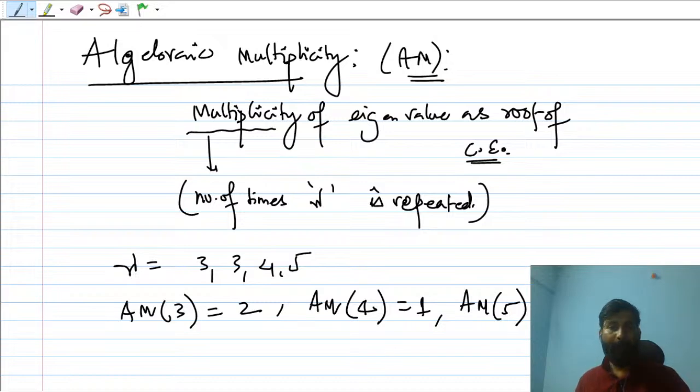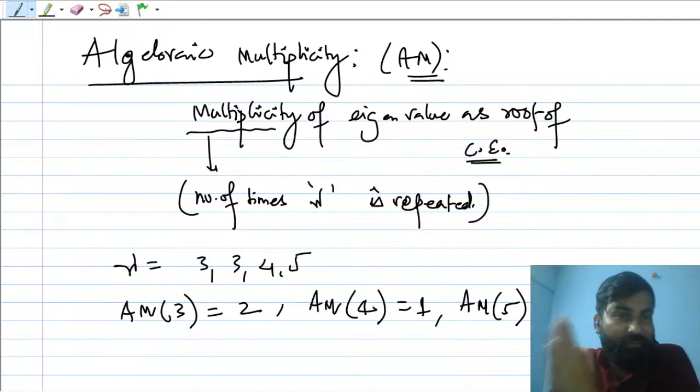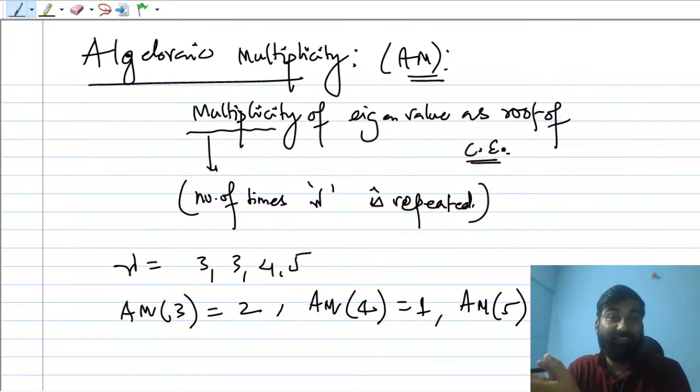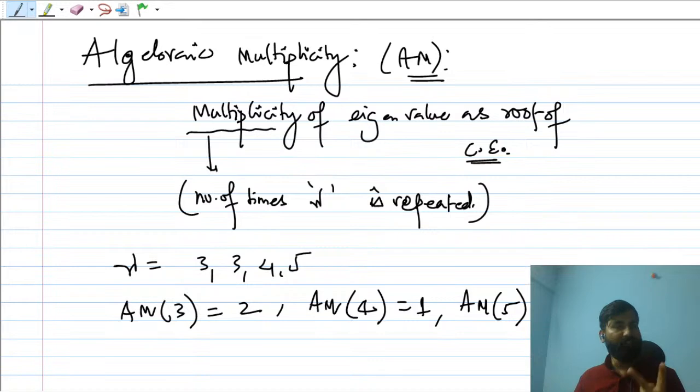I hope this makes sense. So what is the meaning of algebraic multiplicity? The basic definition is the number of times lambda gets repeated. Suppose you have three eigenvalues that are not distinct: two eigenvalues are the same, one is different.